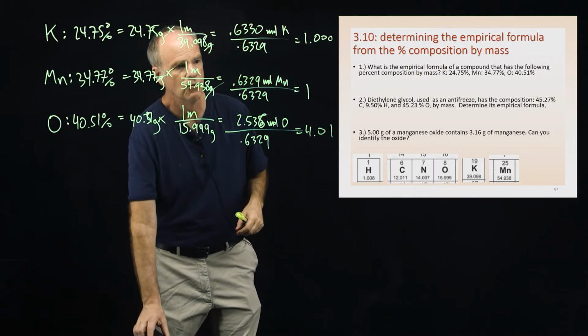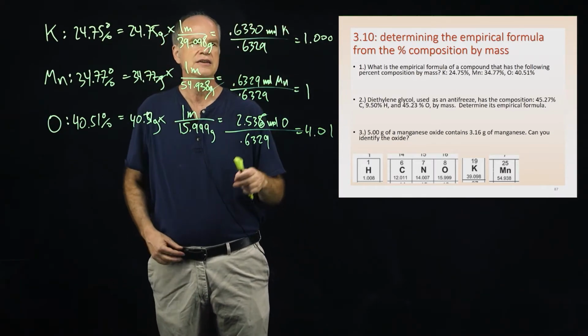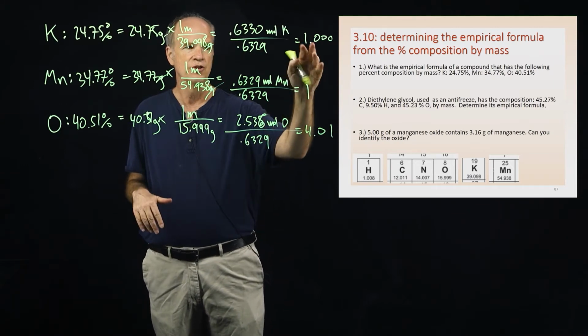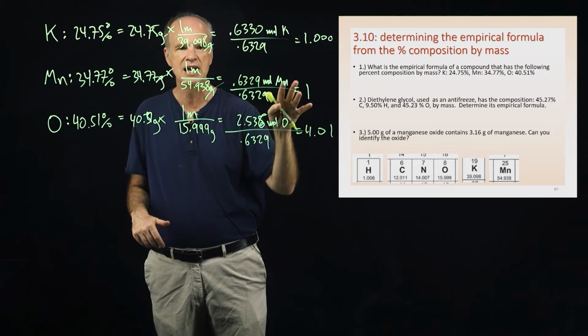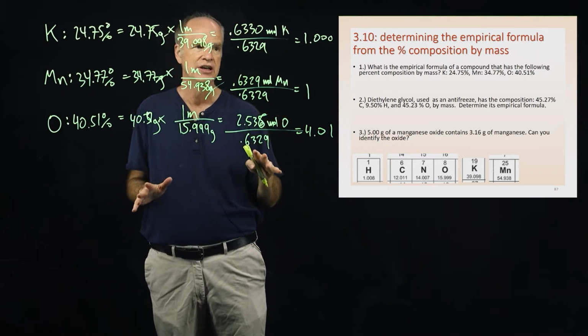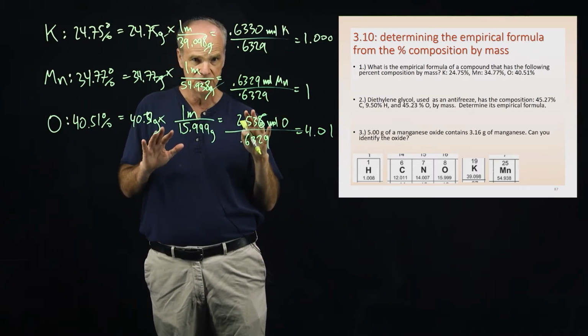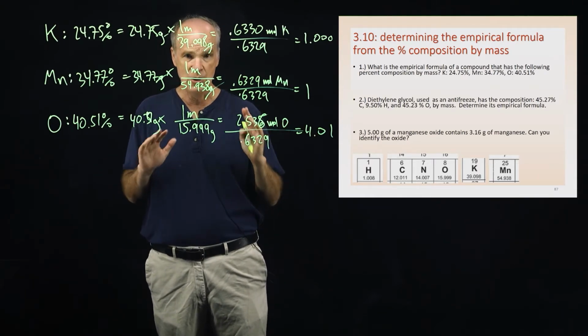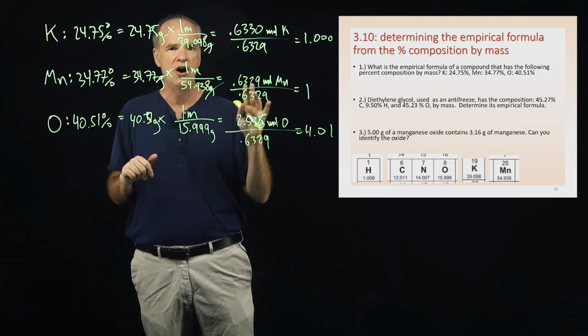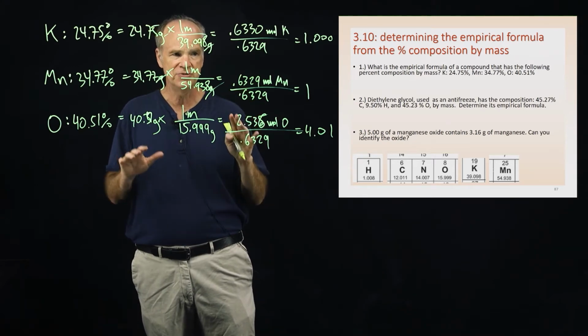What you can see is that now for the molar ratios of potassium, manganese, and oxygen, we have values that are very close to integers. Once you're close to integers, say within 5% of an integral value, you're done. All values have to be integral values. So at this point, we are done.